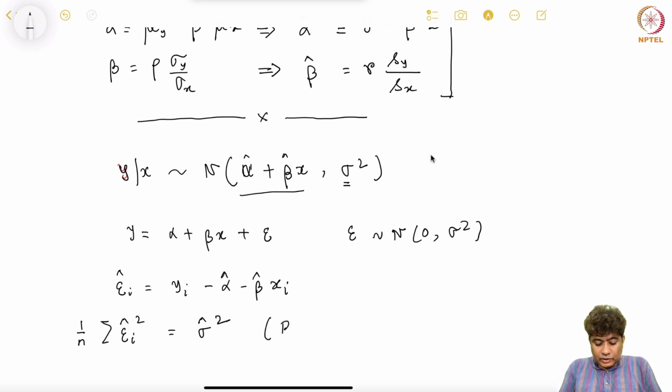This is sometimes called the residual sum of squares.